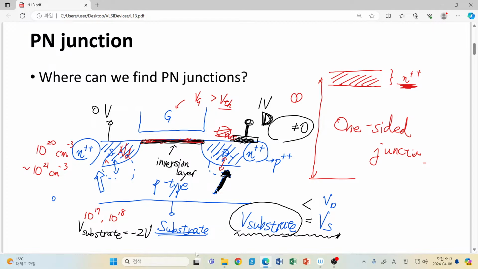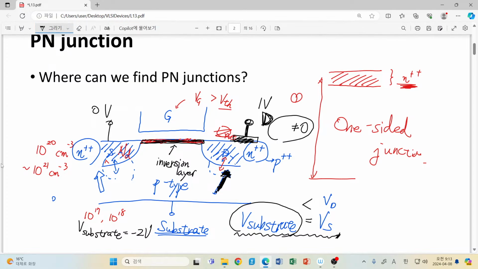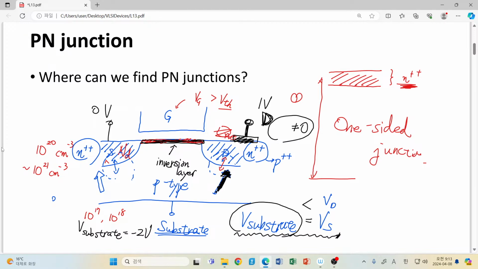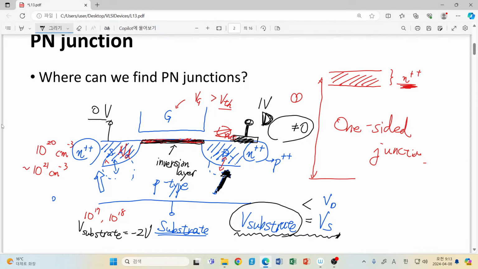Then what happens? Please try to work out the operation regime of this source-substrate junction and drain-substrate junction. In the case of the source-substrate junction, your n-type region is biased with 0 volt and your p-type region is biased with minus 2, so it is in its reverse mode.